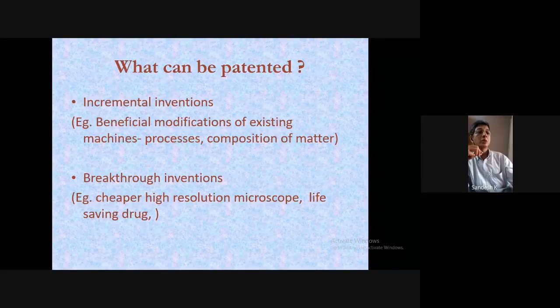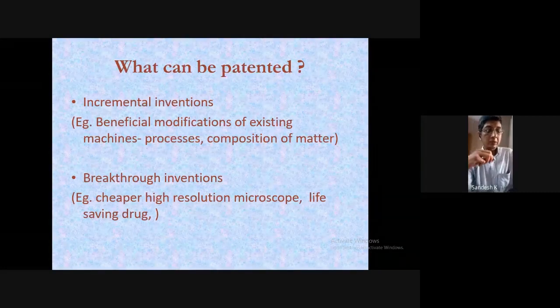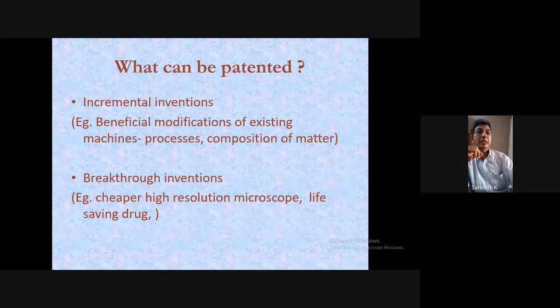That is most important. It may be incremental for you. I'll give you a two-point rule. Maybe you have added a 10% increment in the machine, or whatever the product.